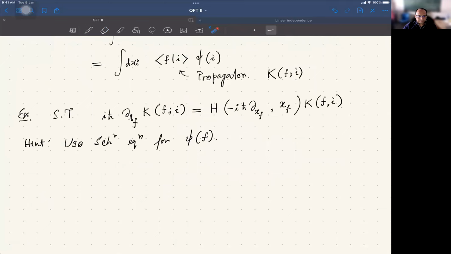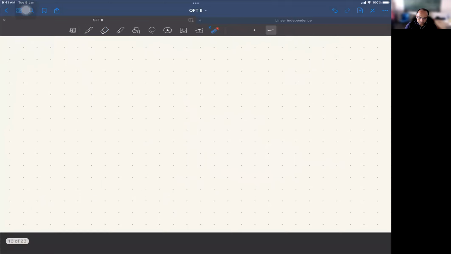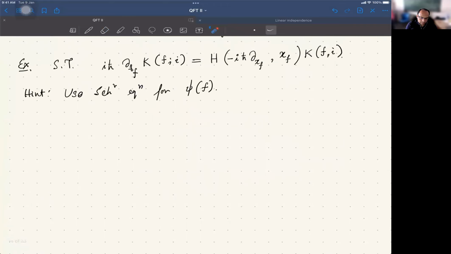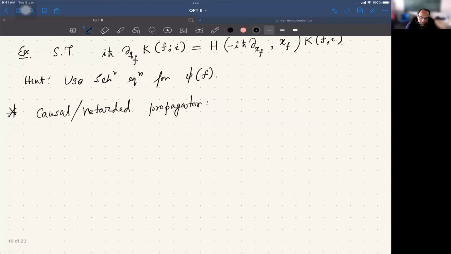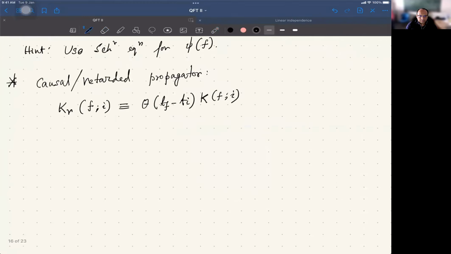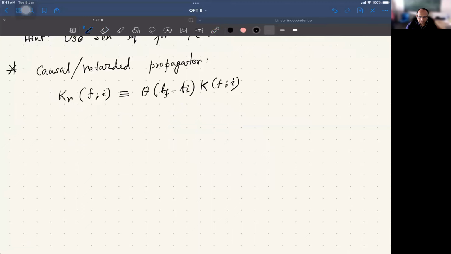Now, a causal or retarded propagator is defined by multiplying the original propagator with a theta function theta(t_f minus t_i), where theta is the Heaviside step function.